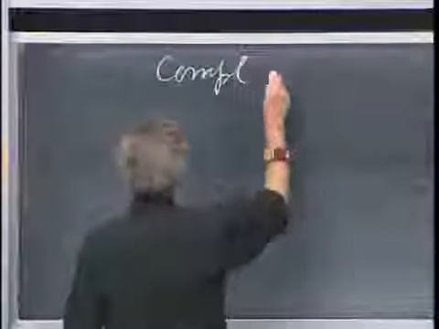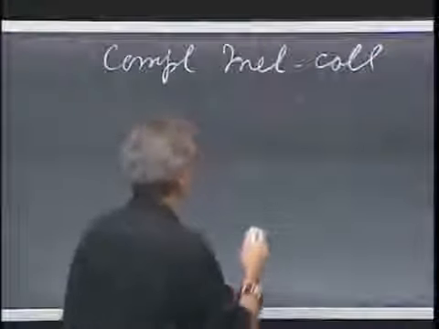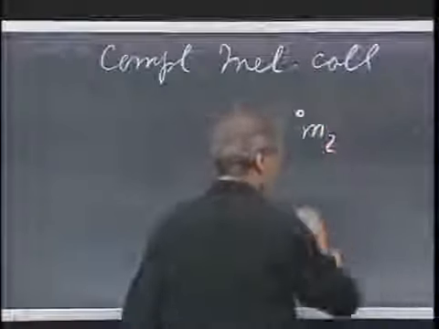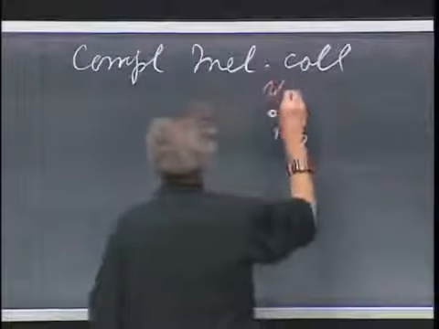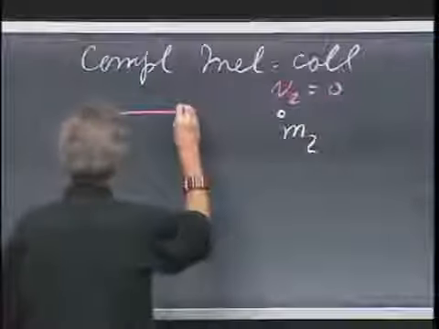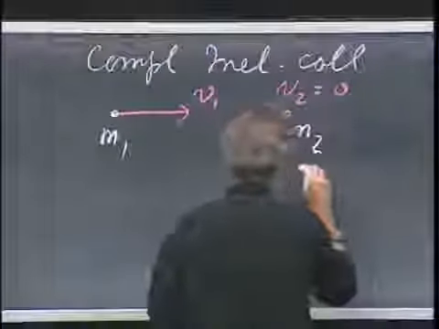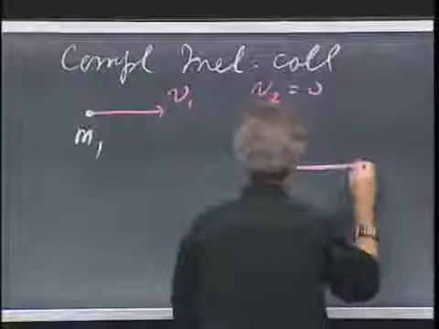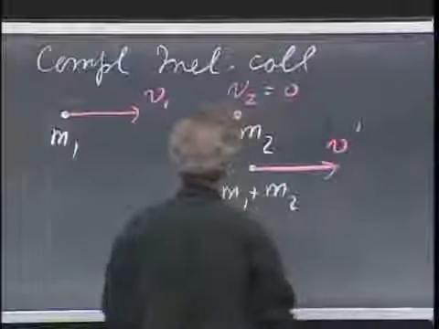So now we are back in 26.100, and we're going to make a completely inelastic collision. That means they stick together, remember? And M2, to make life a little simpler, has no speed, V2 equals 0, and M1 has a velocity V1. You've seen this now a zillion times. They stick together, and so I have here a velocity which I call V prime, and the mass is M1 plus M2.